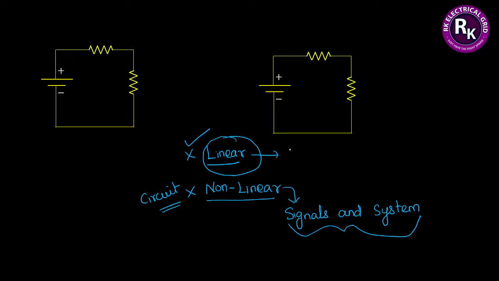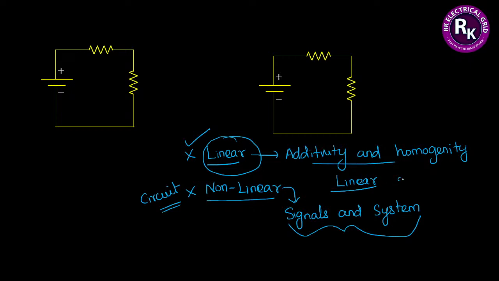If an element satisfies the principle of additivity and homogeneity, then that element can be considered as a linear element. If it does not obey the principle of additivity and homogeneity, any one ஏதாச்சும் ஒரு தியரம் இன்வாலிட் ஆனாலும் பை டிஃபால்ட் ரெண்டுமே இன்வாலிட் ஆயிடும்.